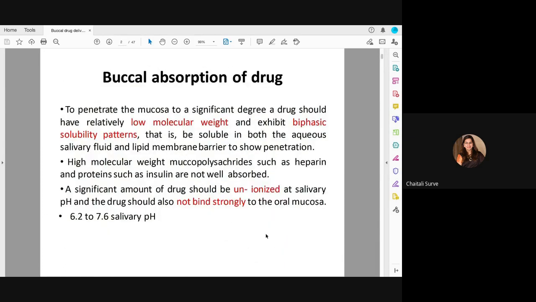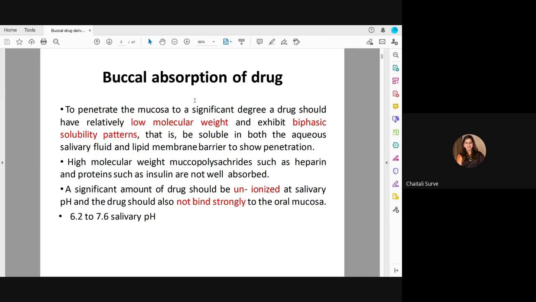Okay, now we'll talk about buccal absorption of drug. If you talk about how to select a drug molecule for buccal absorption, you first need to be aware of what properties your buccal mucosa or your gingival mucosa have, and according to that, you have to select your drug.